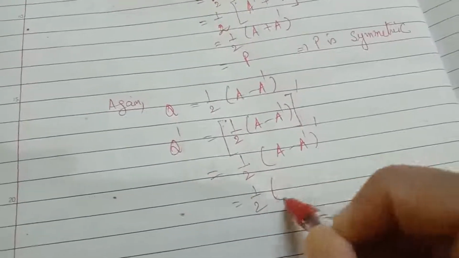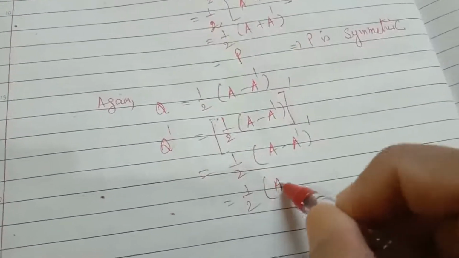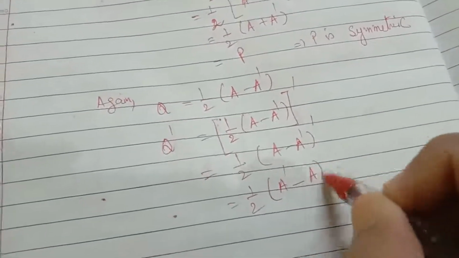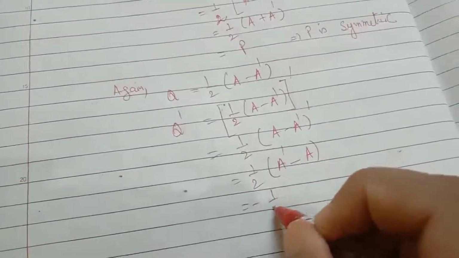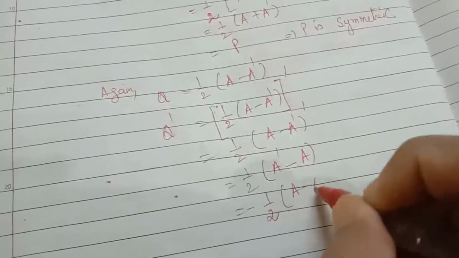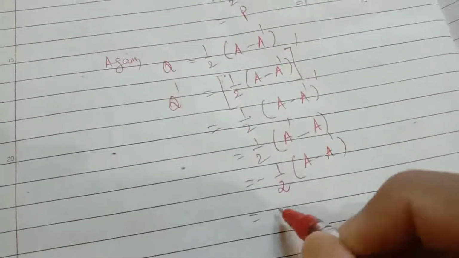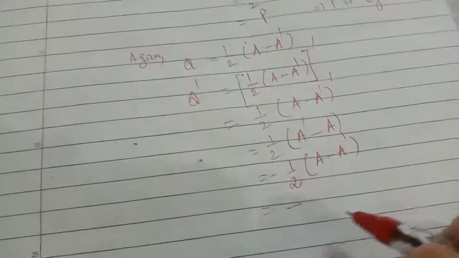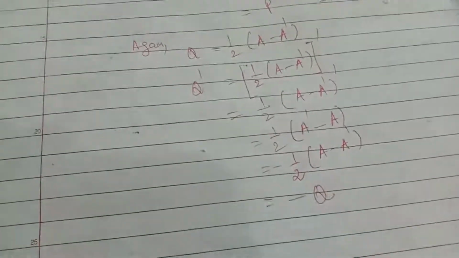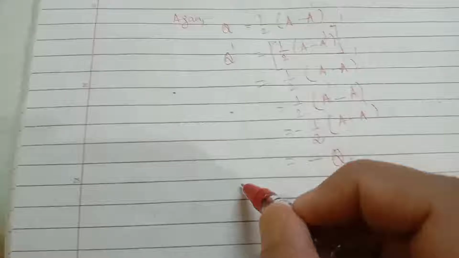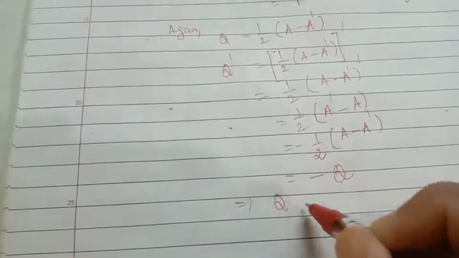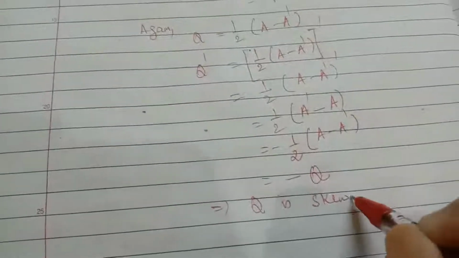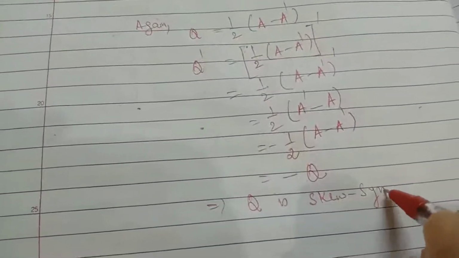A minus B whole dash is A dash minus B dash, A dash whole dash will be A, taking minus sign common, it will be minus of half into A minus A dash. You see, half into A minus A dash is Q, so Q dash is minus of Q, implies Q is skew symmetric, as Q dash equal to minus of Q.